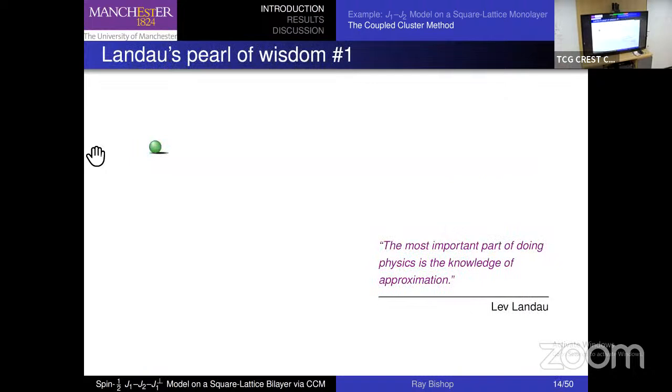So Landau sort of expresses everything perfectly. And his first pearl of wisdom here is, the most important part of doing physics is the knowledge of approximation, right? That's always the key to doing a successful calculation.